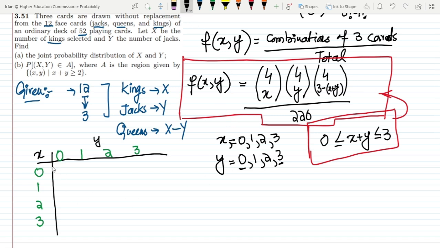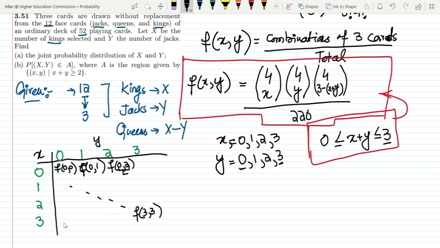In this table, this 0, 0 is for f(0,0), this 0, 1 would be for f(0,1), this would be for f(0,2), and so on until we have f(3,3). But remember that here I have to include only those values in which x plus y is at most equal to 3, while all the values which are greater than 3 are neglected.